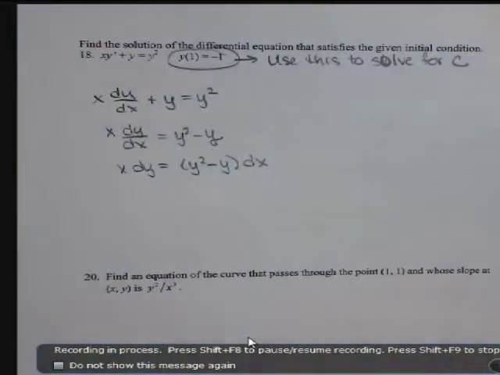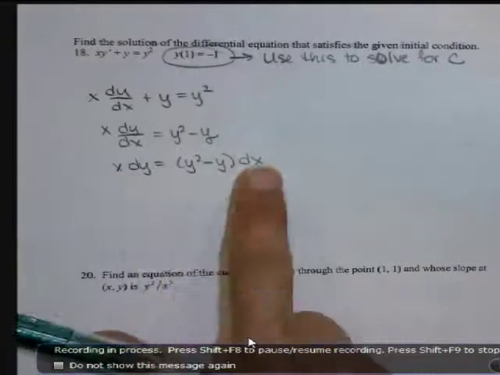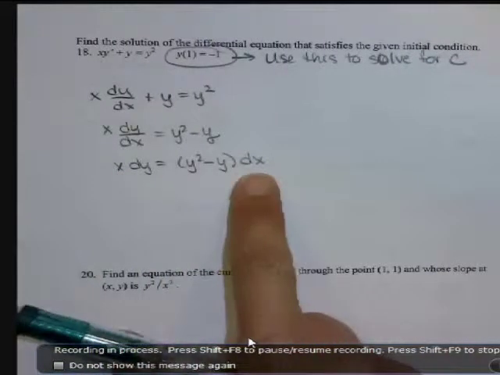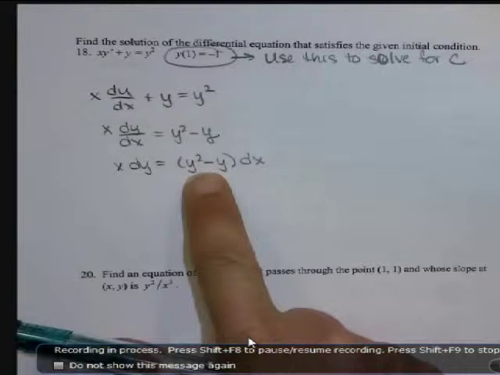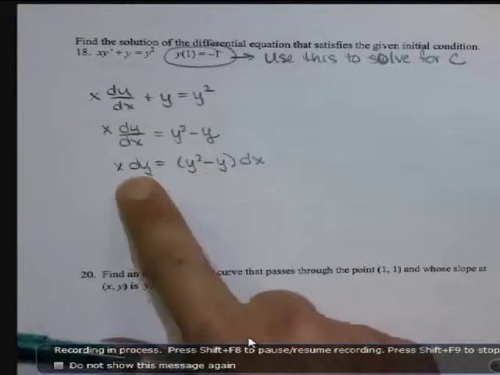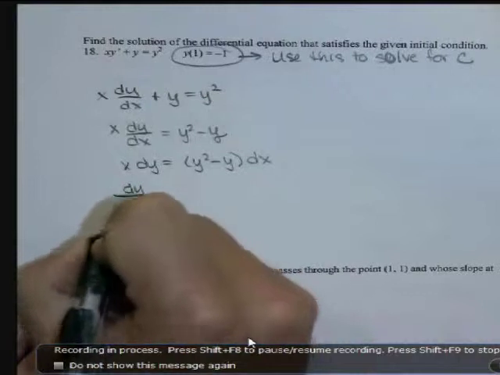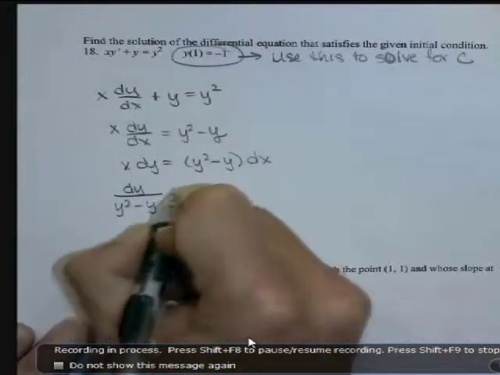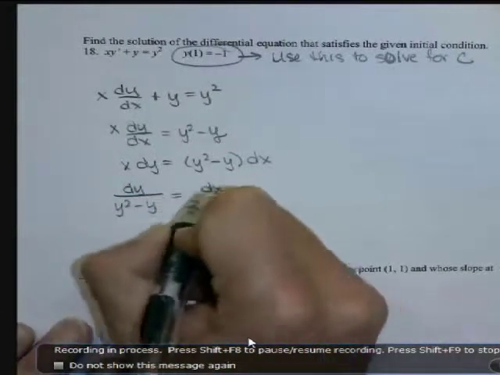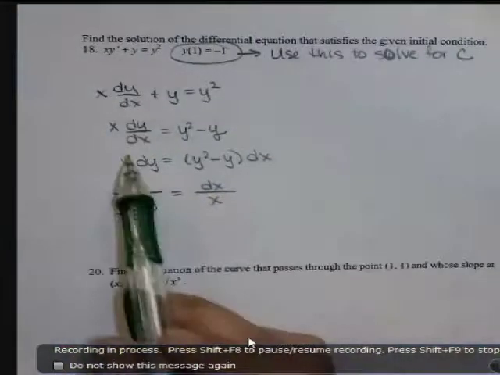Then we'll just divide by x to get the x on the same side as dx, and we'll divide by y squared minus y to get this on the same side as the y. So we'd have dy over y squared minus y equals dx over x. Both of these things went in the denominator.